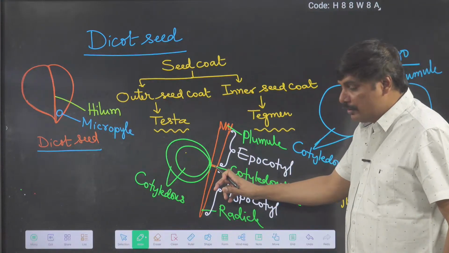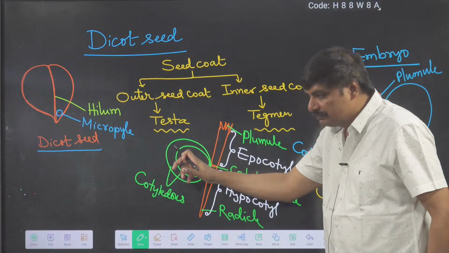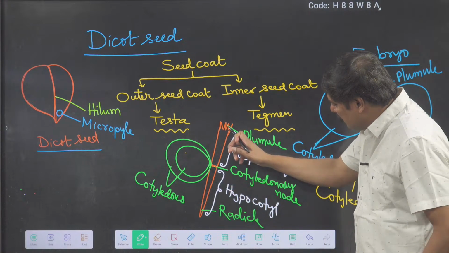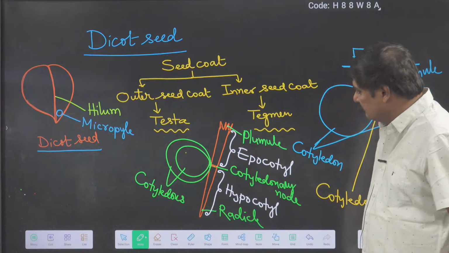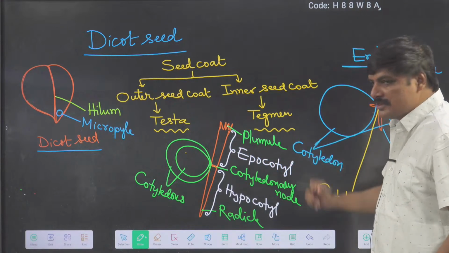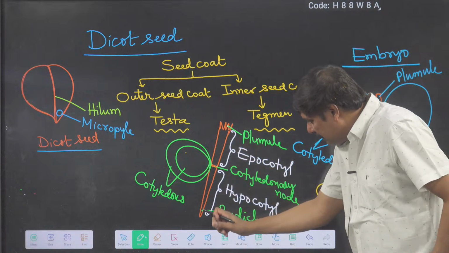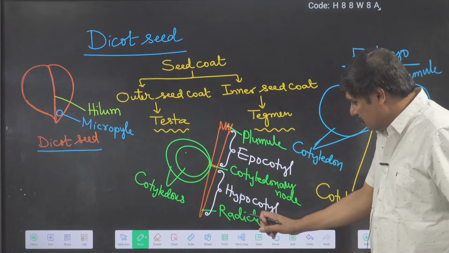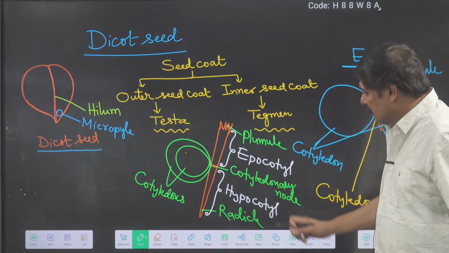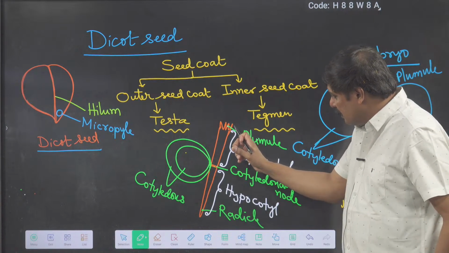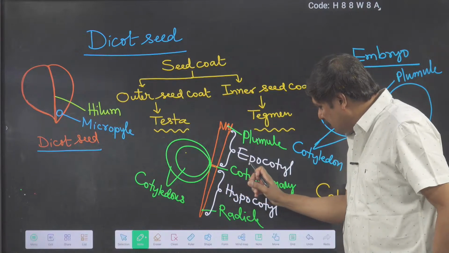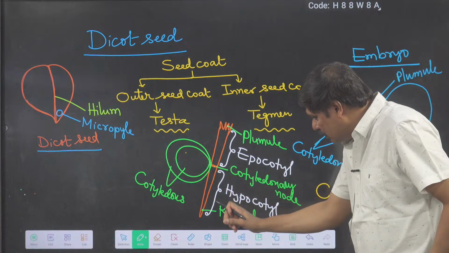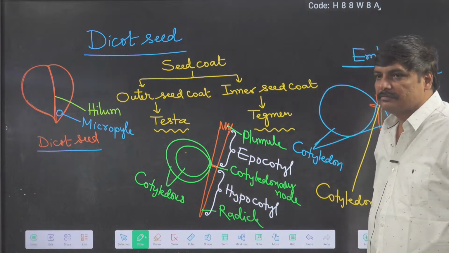The point where cotyledons are attached is the cotyledonary node. One end, the plumule, gives rise to the shoot system. The other end, the radicle, gives rise to the root system.